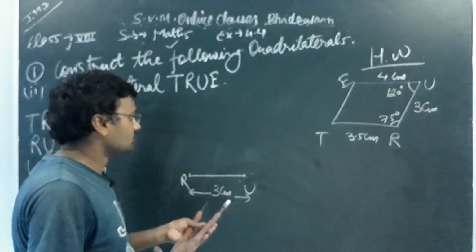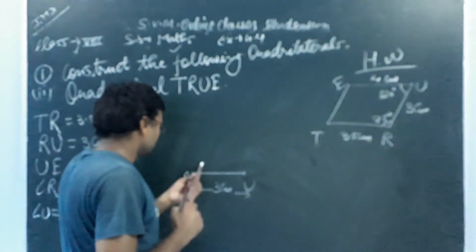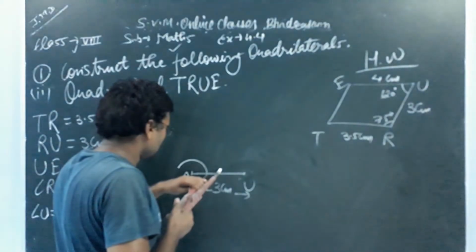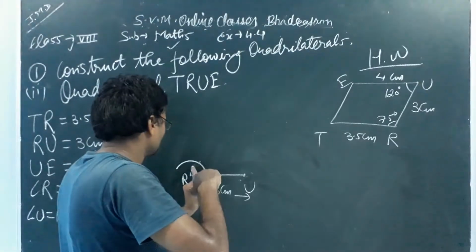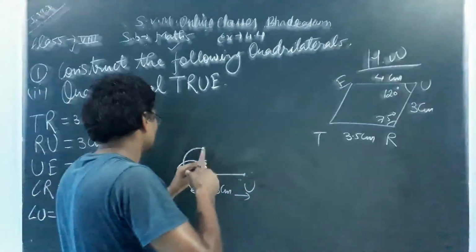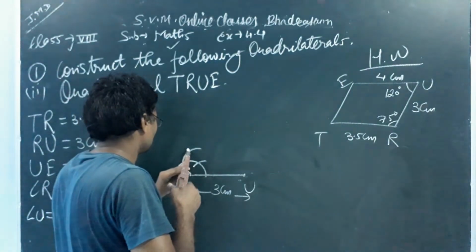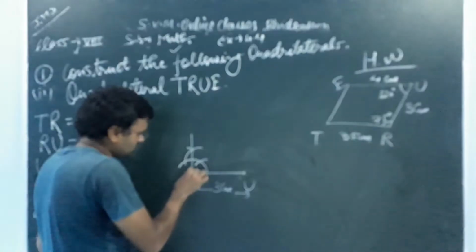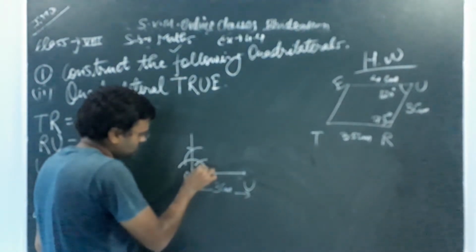Angle R is of 75 degree. So what we will do is we will first draw an angle of 90 degree. This is an angle of 90 degree. Got it?